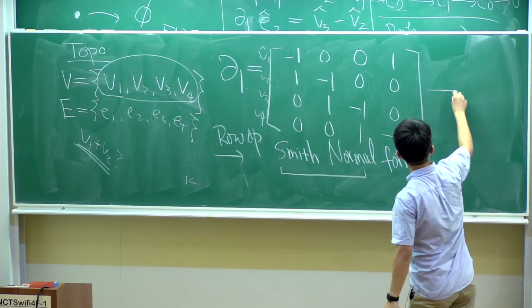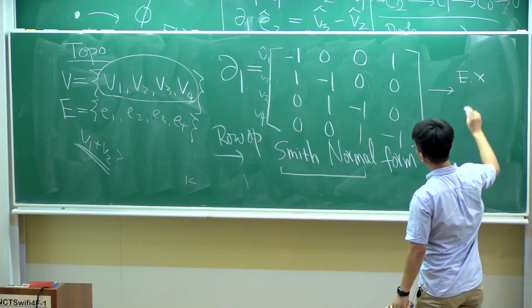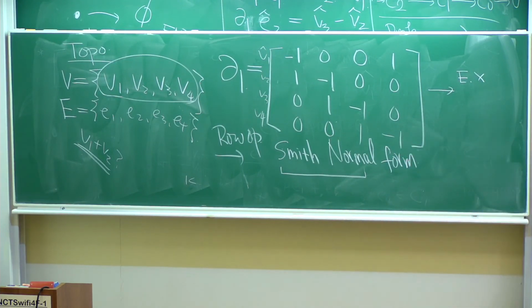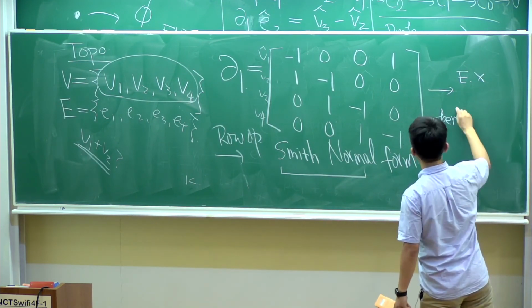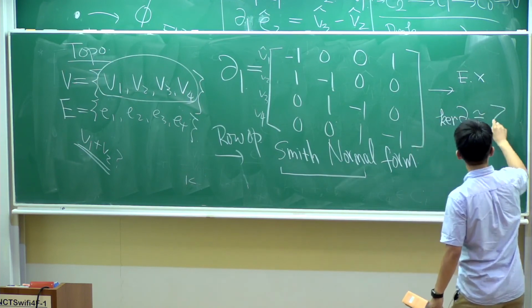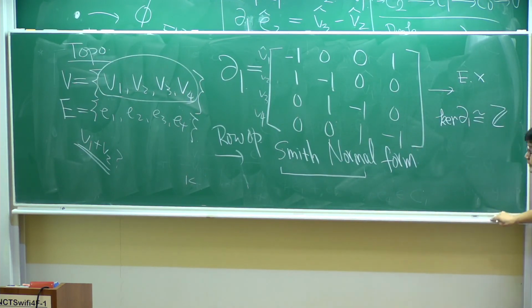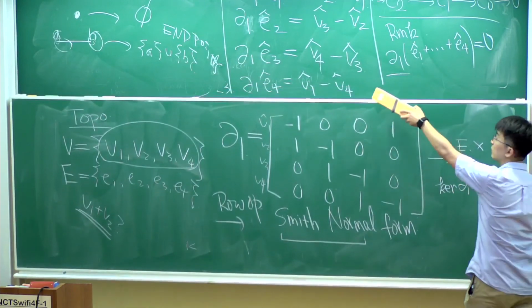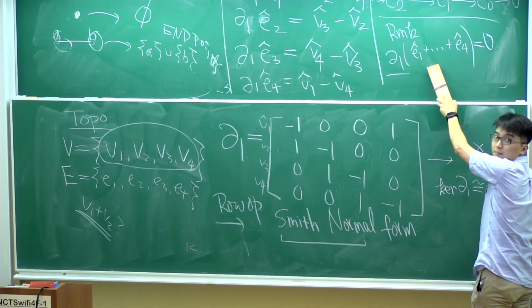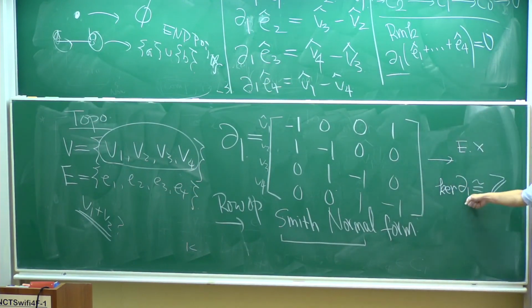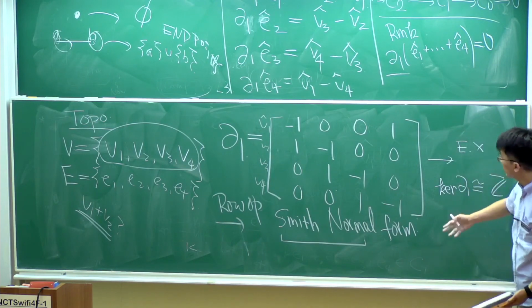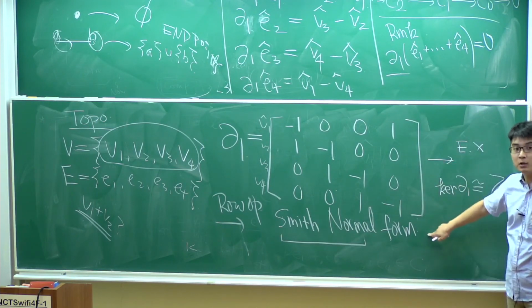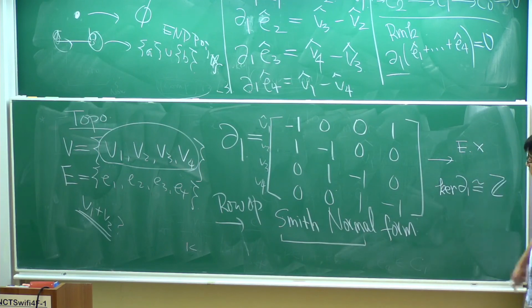So you can actually do it. This will be your exercise. You will find the dimensions. You will find that the kernel of row 1 is isomorphic to Z. This is exactly this thing over here. This is actually the basis of this guy. You cannot find any other, but anyway, you can also do it using the Smith normal form or row operations to obtain the same outcome.